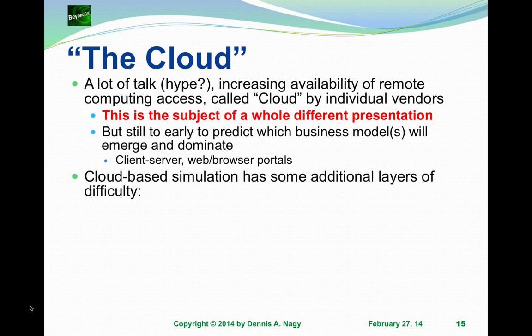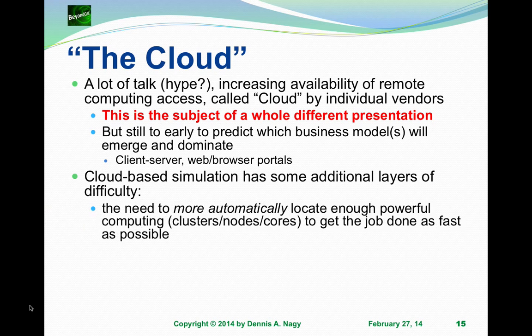There are some additional layers of difficulty, of course, in cloud-based simulation. The need to more automatically locate enough powerful computing clusters, nodes, and cores to get the job done as fast as it's needed for a particular workflow.